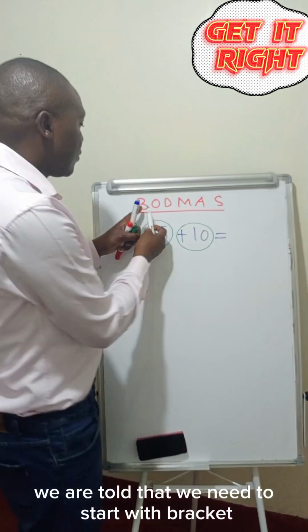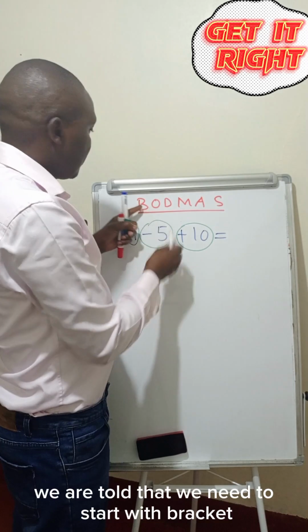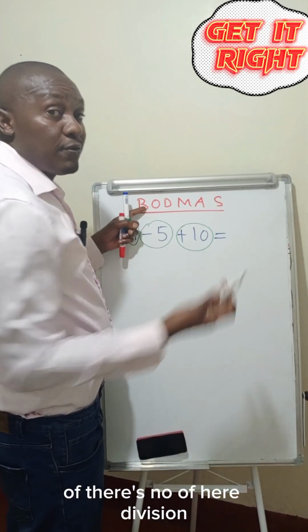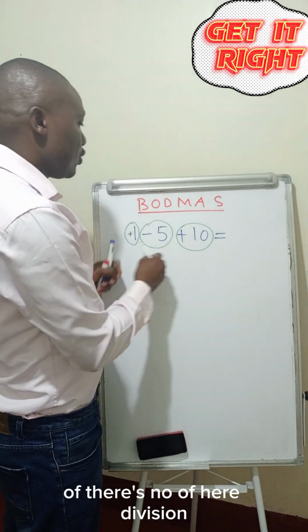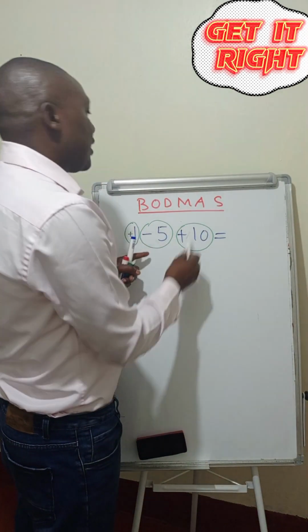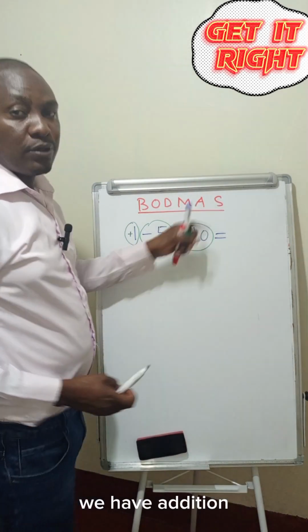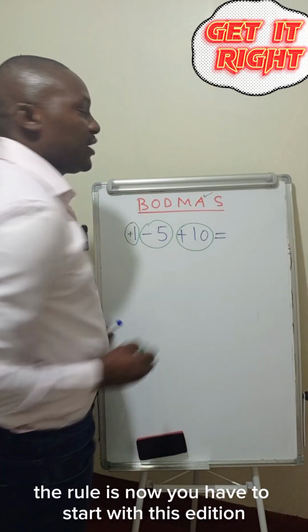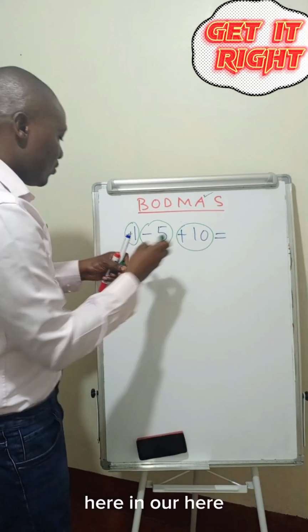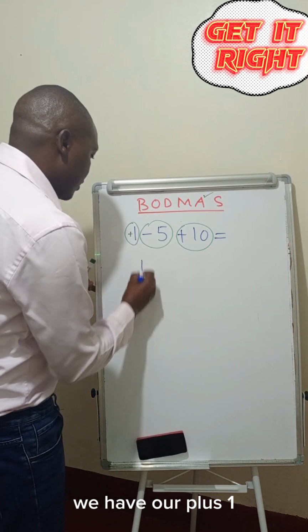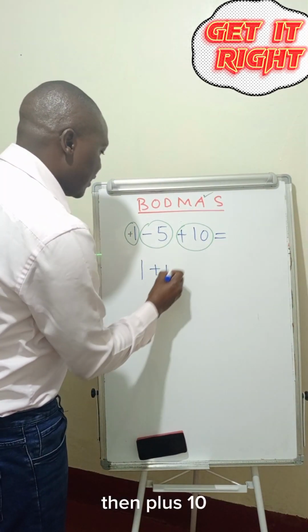We are told that we need to start with bracket. In this case, there is no bracket. Of, there is no of here. Division, no division. Multiplication, no multiplication. Now addition, we have addition. The rule is now you have to start with this addition here. In our work here, we have our plus 1, then plus 10.